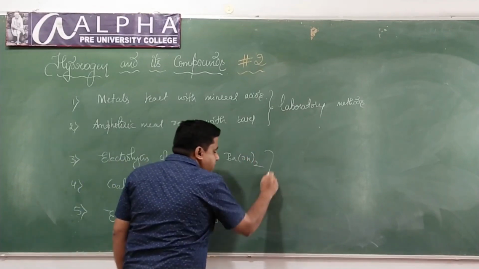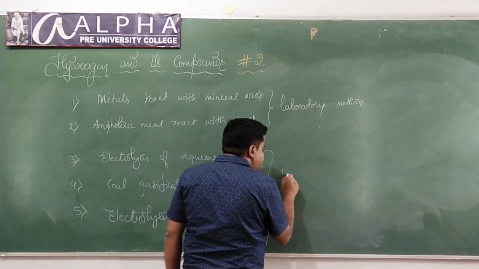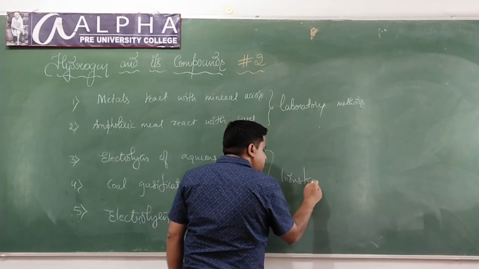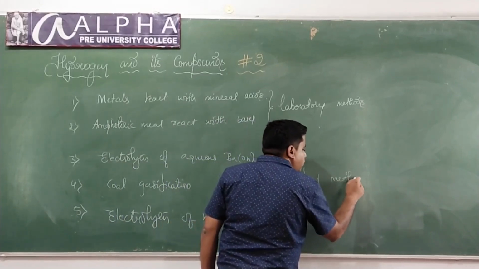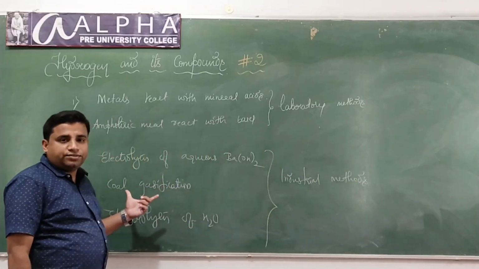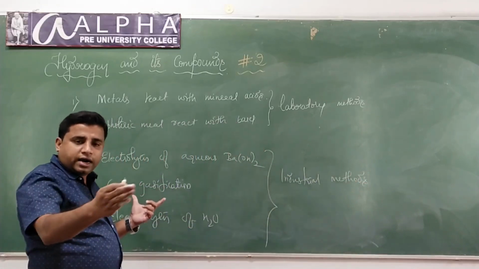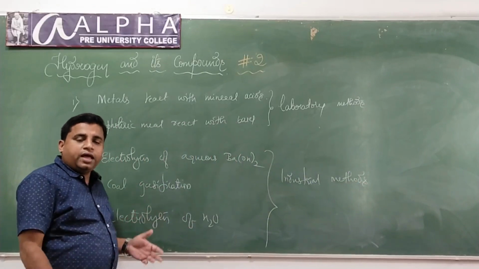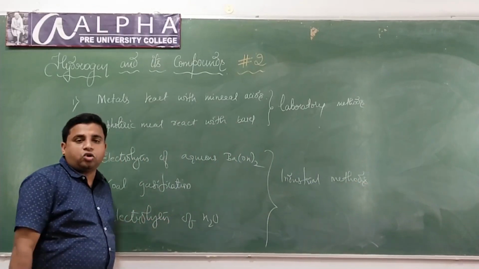These three are the industrial methods of preparation of dihydrogen. I think I was talking about coal gasification. So in this video I'll continue with coal gasification, and we will go ahead with electrolysis of water.